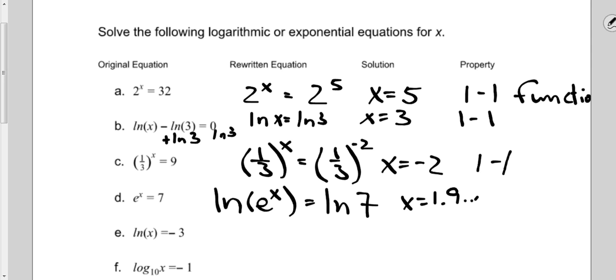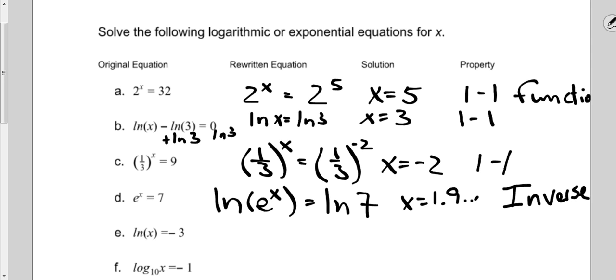Now, am I using the one-to-one property? What property am I using? I'm taking the inverse of the function, right? This is an exponential function. I'm now taking the log of that exponential, so I'm applying the inverse function to get me back to x.